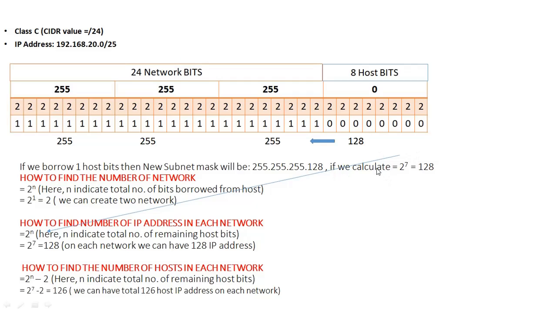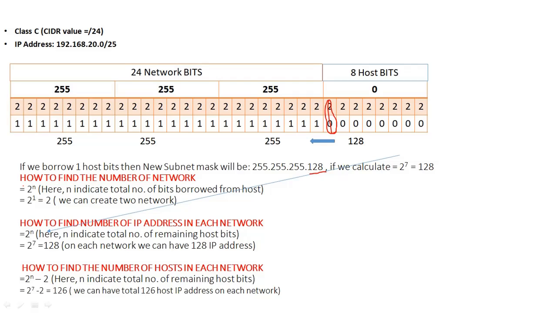So if we calculate that value, 2 to the power 7, because we have borrowed one bit, right? This one, we have to borrow this one, and the value for this one is 2 to the power 7. So if we calculate that, 2 to the power 7 into 1 equals 128. That's why the value is 128 here. Now let's see how to find the number of networks.